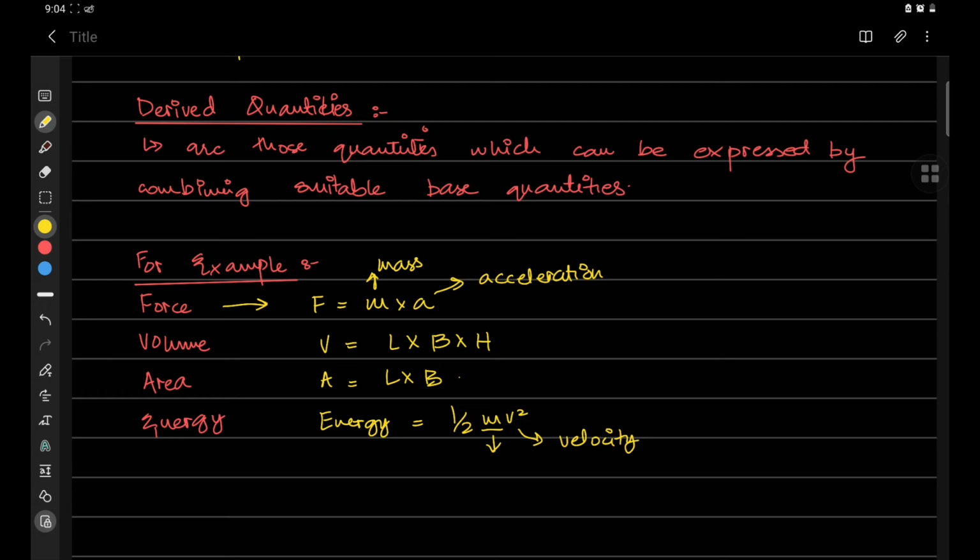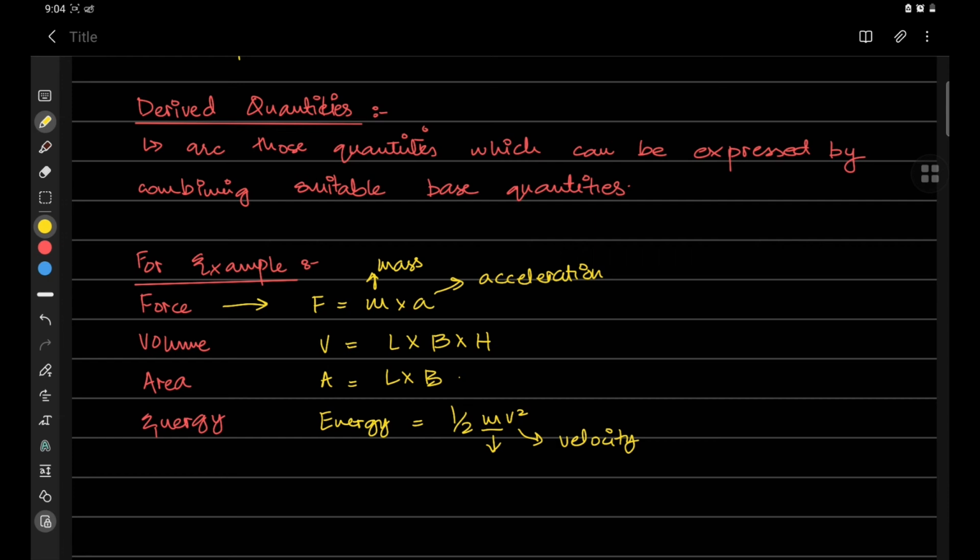So I hope that makes a little more sense to you. Base quantities are those quantities which we are not able to derive from anything. They exist in their very purest forms. However, derived quantities are more dependent, consisting of other attributes, which are obviously your base quantities.